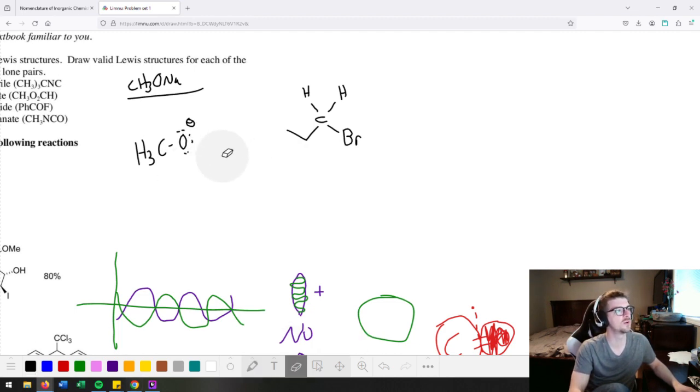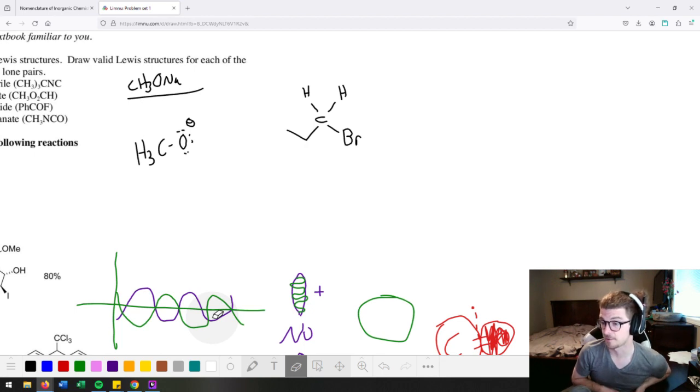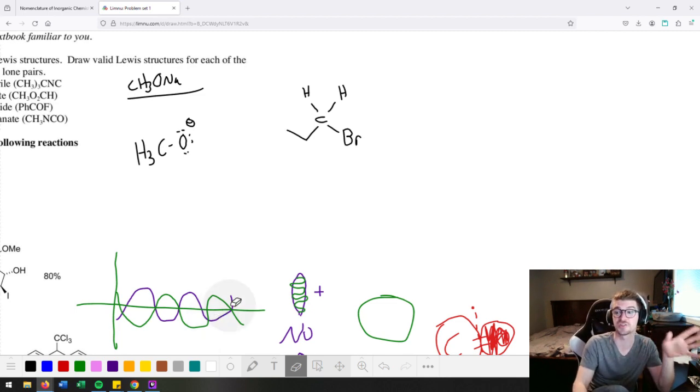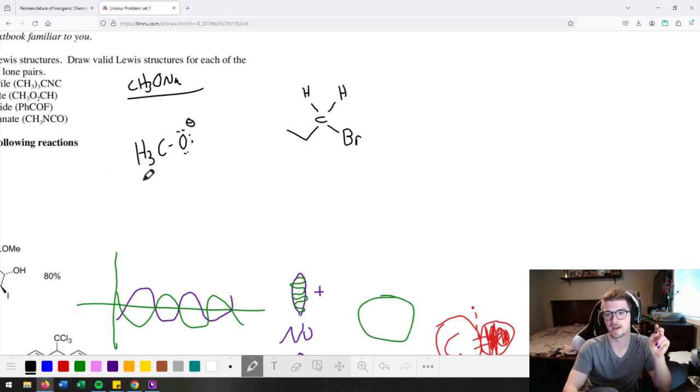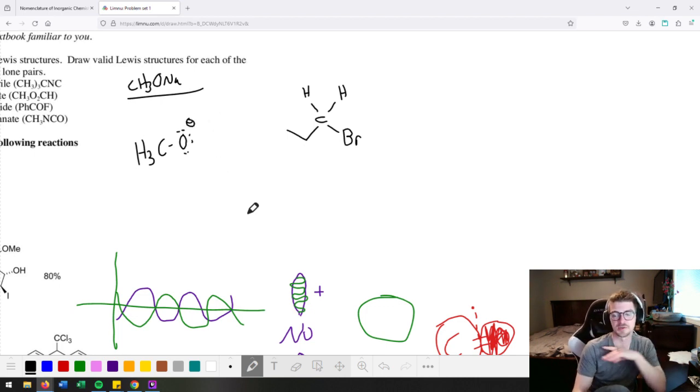I'm going to ignore the sodium right now though, because it doesn't do anything in this reaction. It's just there to balance the negative charge of this sodium methoxide. So it's called a spectator ion. It has no involvement in the reaction. It's just there to provide charge balance. So I'm going to ignore it for now.